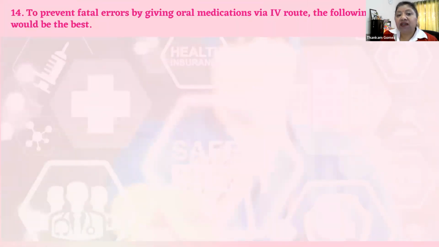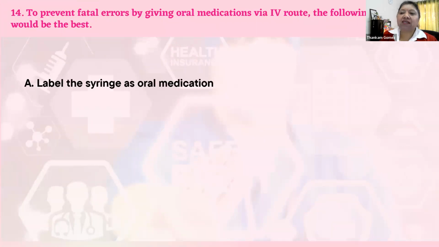Now, to prevent fatal errors by giving oral medication via IV route, the following safe practice would be the best. Now, this is because there is an error area called wrong tube connections. It can happen. Mostly, it can happen when the medications are to be given by NGT.